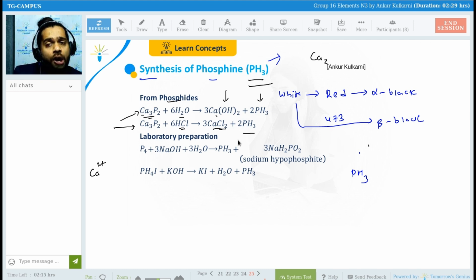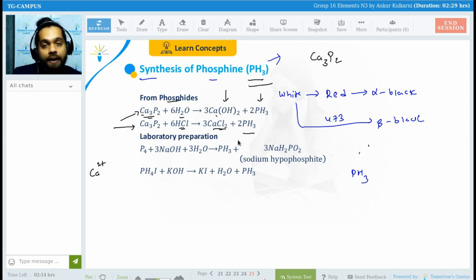And what is the oxidation state of phosphorus over here? Tell me, the oxidation state of phosphorus in calcium phosphide.